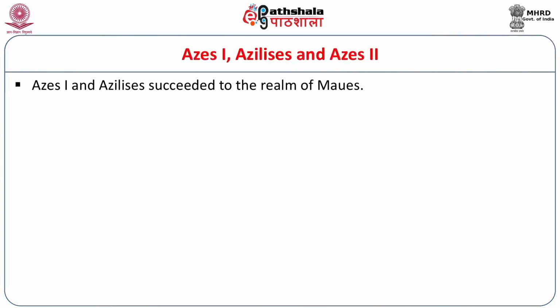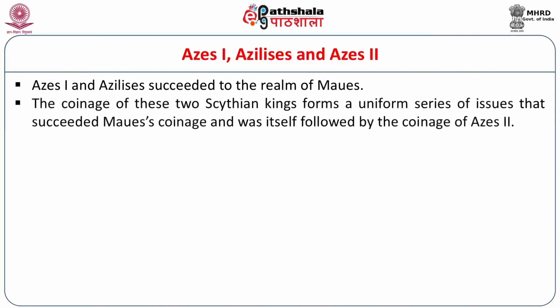We have Azes I ruling with Spalirises, while Spalirises was on the obverse and Azes's name was on the reverse. As you can understand, these two rulers succeeded the realm of Maues in the Indian subcontinent. The coinage of these two Scythian kings forms a uniform series that succeeded Maues's coinage and was itself followed by the coinage of Azes II.